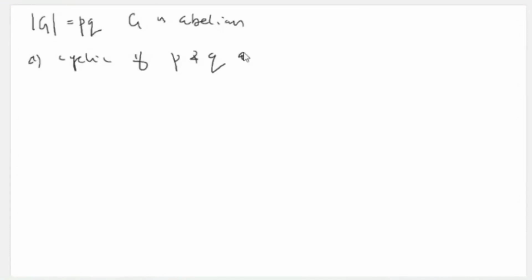If the order of G is pq and G is abelian, option A says it is cyclic if p and q are primes. Is that right or wrong? It is false. Take Zp times Zp.